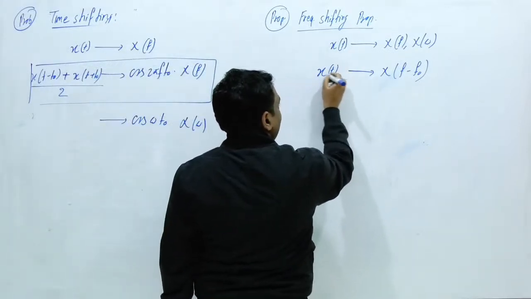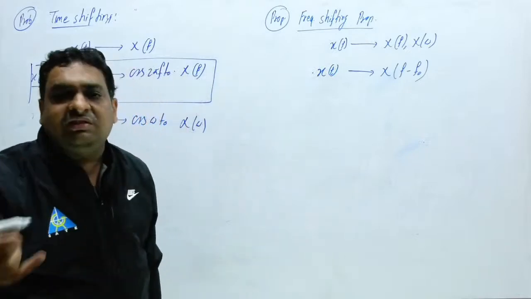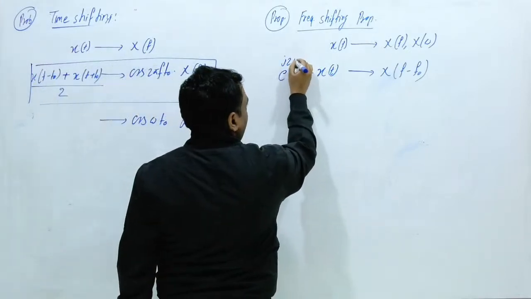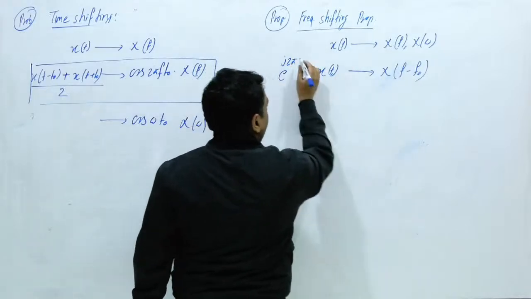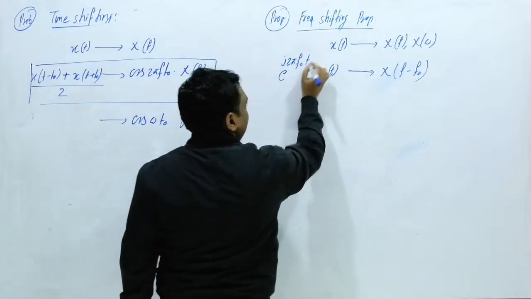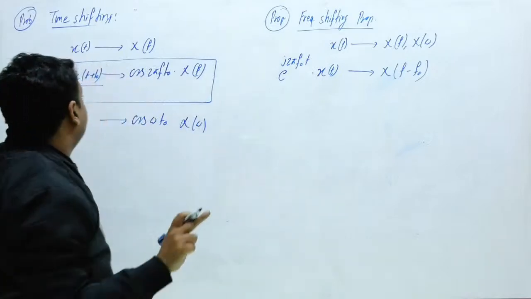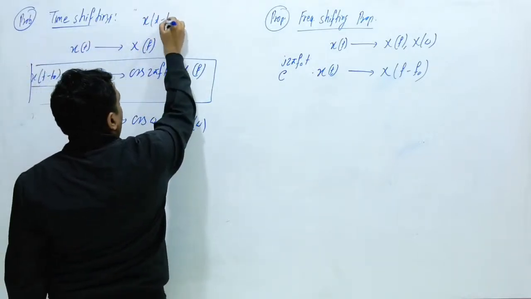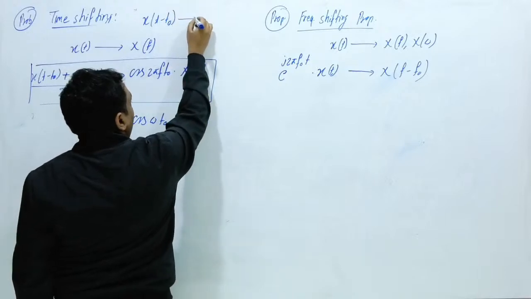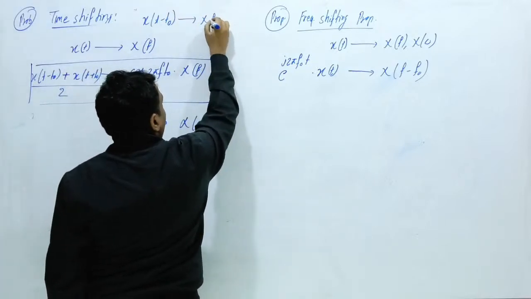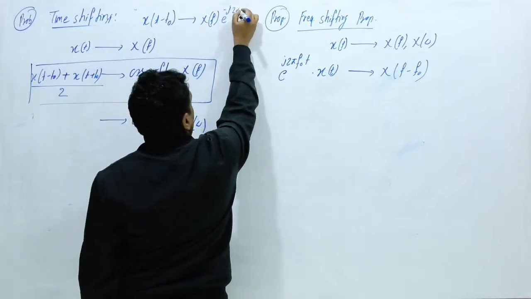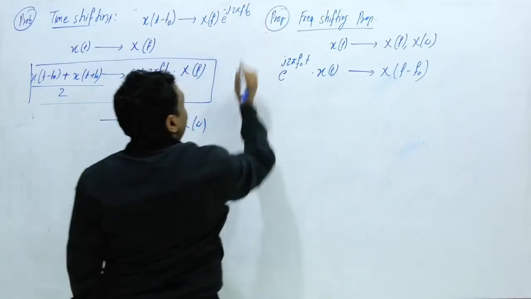The left-sided signal you multiply with the exponential term e raised to the power j 2 pi f0 t. You should concentrate here. In the time shifting property, if you shift t minus t0, the Fourier transform is X(f) e raised to the power minus j 2 pi f t0.